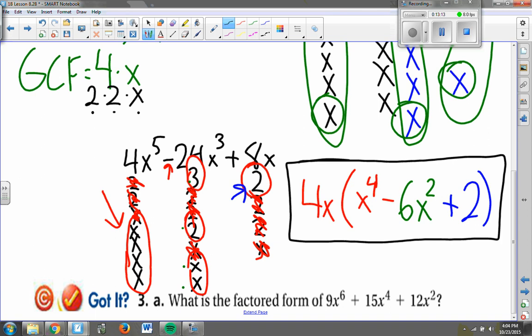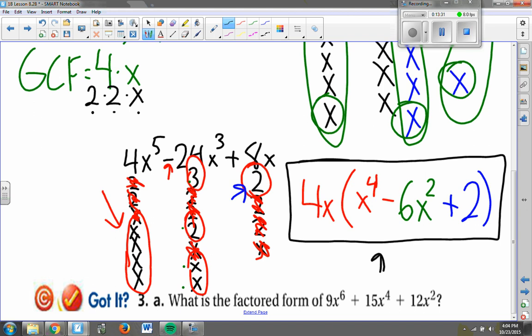That is called the factored form of a polynomial. All right? Now we can check that this works by doing a very simple thing, and that is exactly what we did yesterday. Distributive property with this function here.